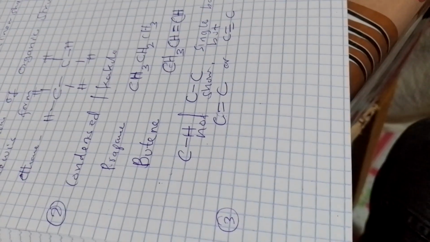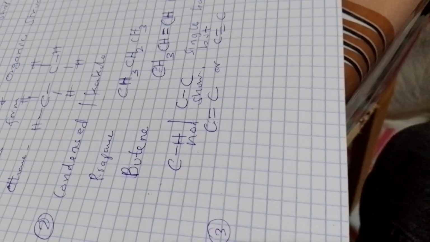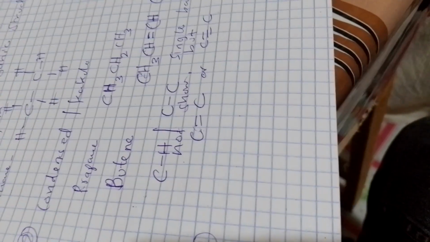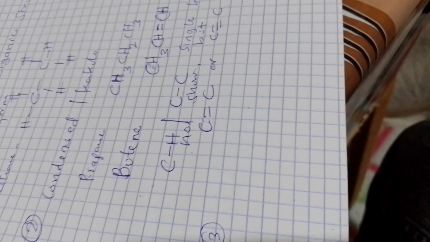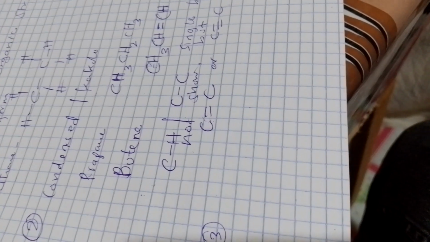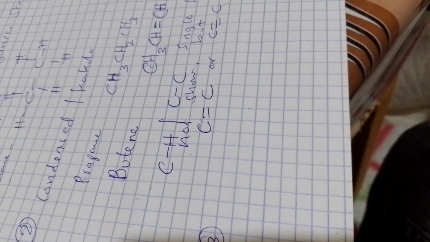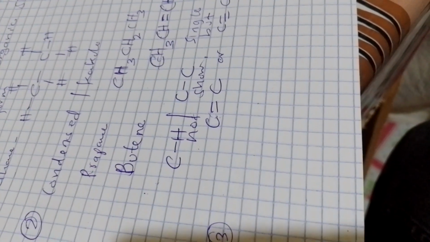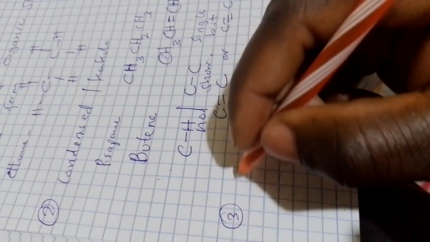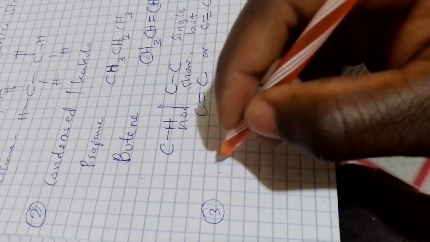So the last representation style is the skeletal or line angle. Here, neither carbon nor hydrogen is indicated. The structures are represented using line diagrams. So here we just use the line diagrams to represent the organic structure.